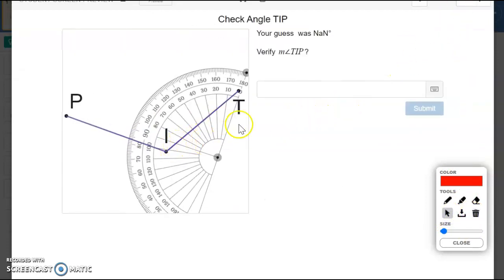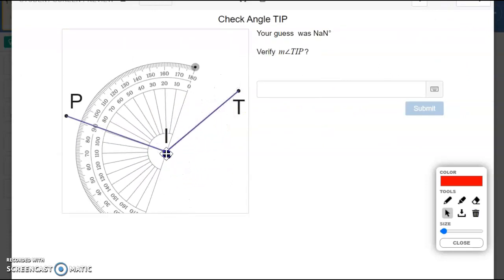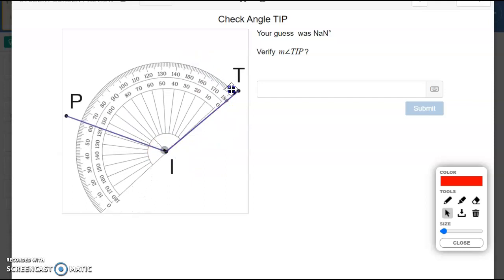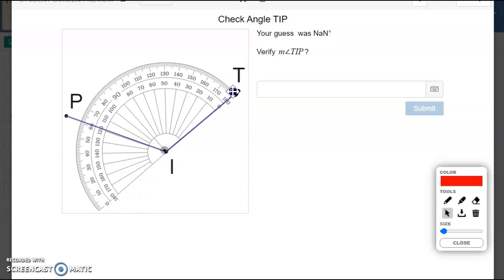Okay, and now this time I am going to try to measure it. I need to first bring my center of the protractor to be at the center of, or the vertex of the angle here. And then I need to line up one of the edges to be flush with the bottom of the protractor. Okay, now again, I need to be measuring from 0 here, right?